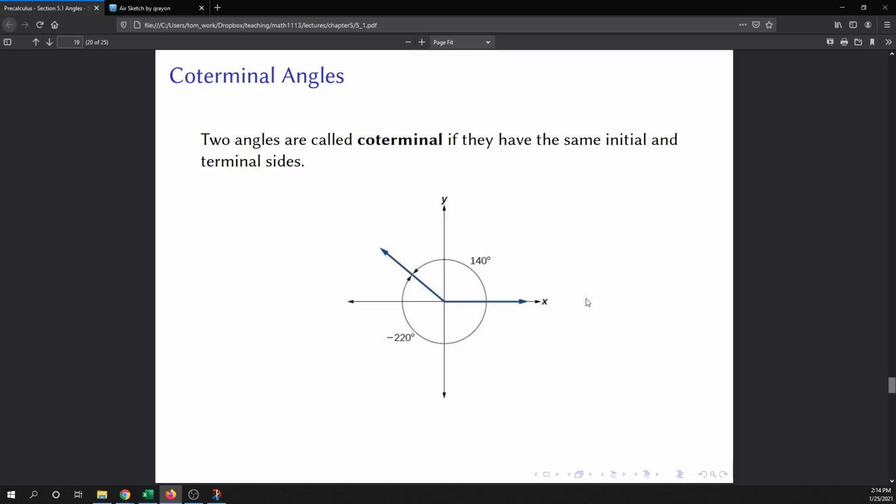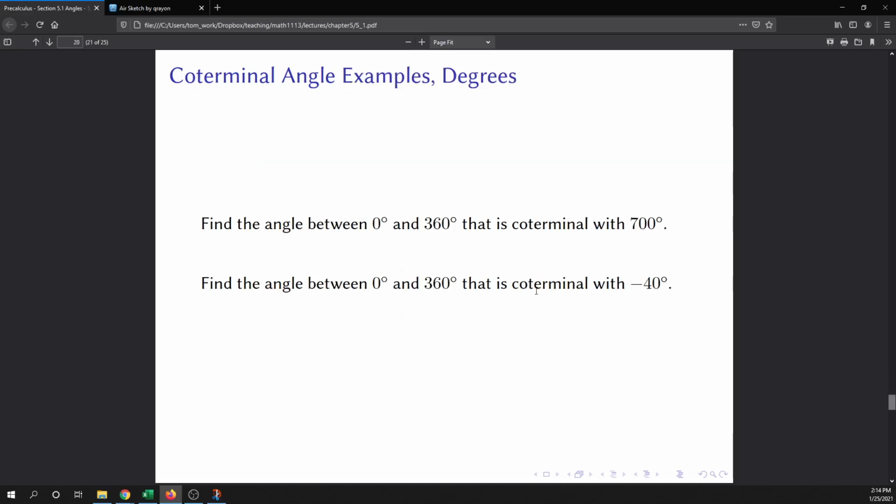One of the things that we'll need to do is determine if two angles are coterminal, or find another angle that's coterminal with a given angle. The way that you would do that is to add or subtract 360 from the angle enough times so that you get the angle that's in the given range.